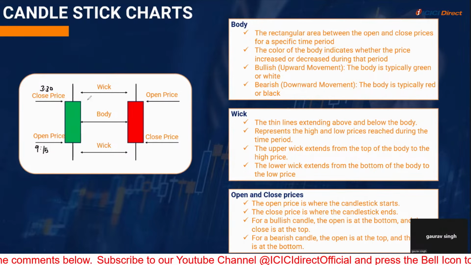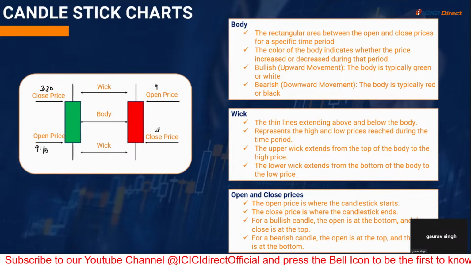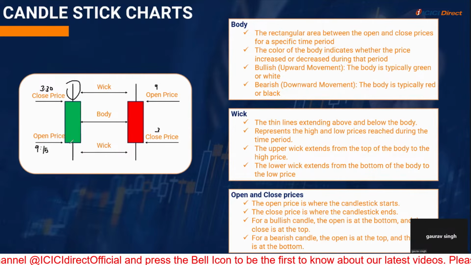That is the logic here. Similarly, vice versa for a red candle, the open price is the 9:15 price, and this is the 3:30 price. So if the open price is 100 and the close price is 90, then there is a red candle. And during the day, if some high or low is made beyond the open price and close price, that is covered in the shadow. This is the wick, which covers that movement in between 9:15 and 3:30. So that's how a candle is formed.